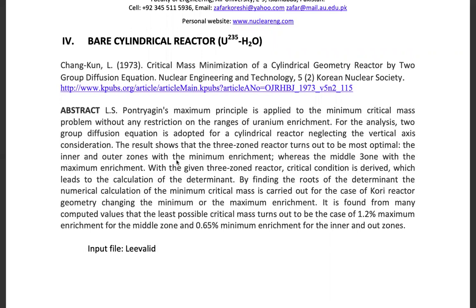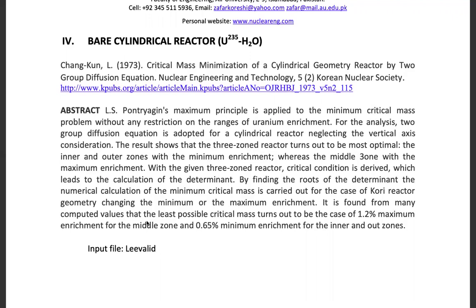The result shows that the three-zone reactor turns out to be most optimal. Now, what they're trying over here is, again, a non-uniform distribution, an optimal distribution, and see what they get. They said that if your inner and outer zones have minimum enrichment, whereas the middle zone has the maximum enrichment, then they get a reactor of minimum critical mass.